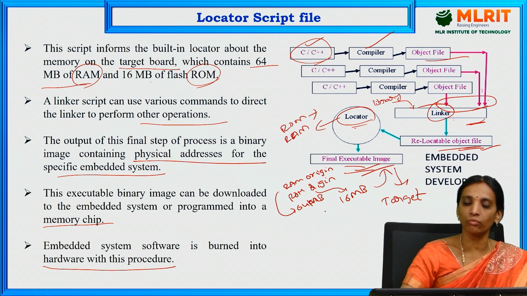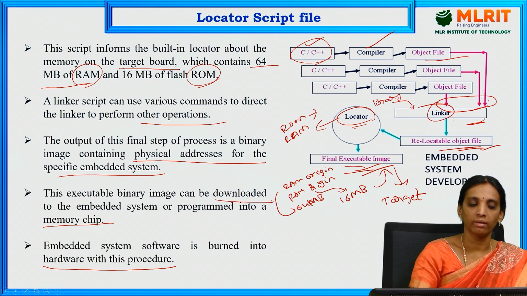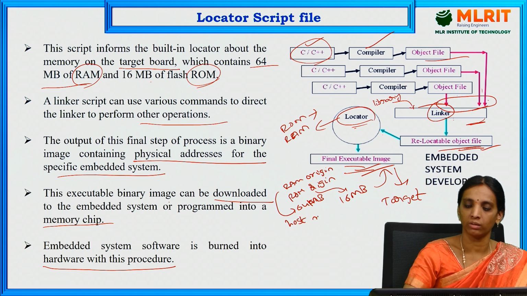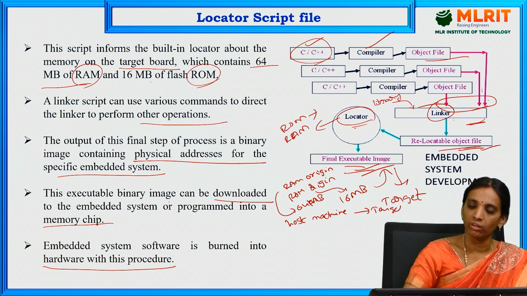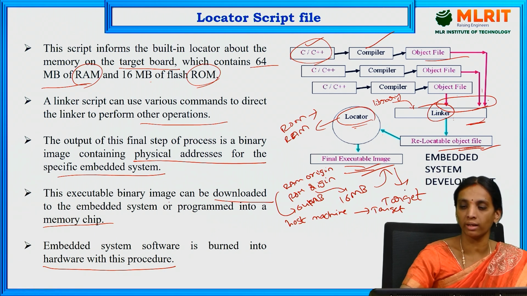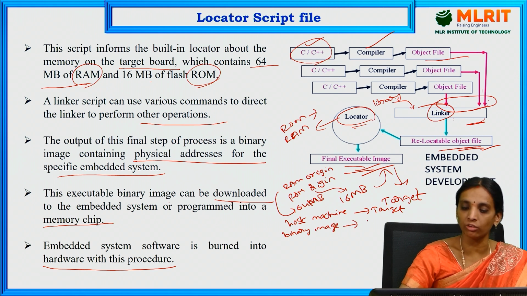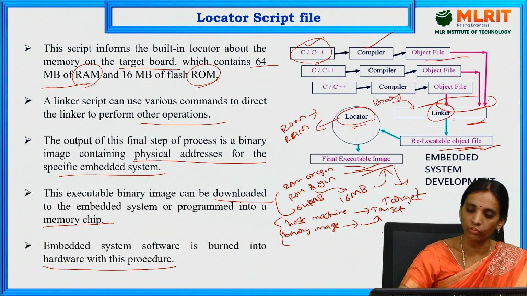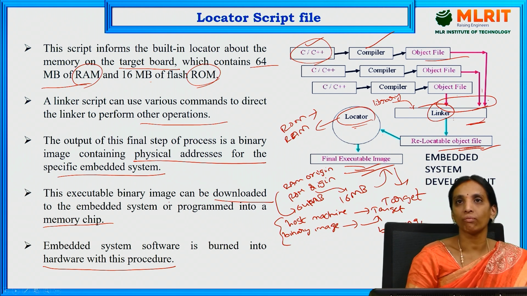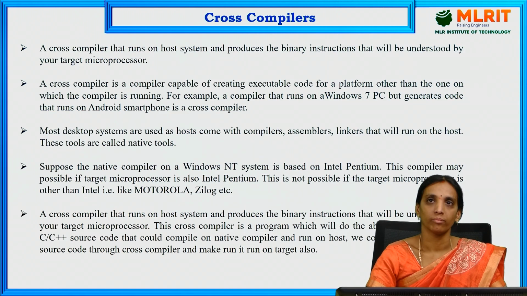The process used for downloading this executable binary image from the host machine to the target machine, that means from the host machine we collect the binary image and this binary image is downloaded into the target machine, is called burning of software into the hardware.